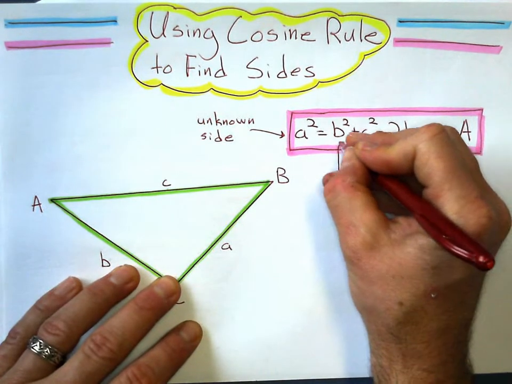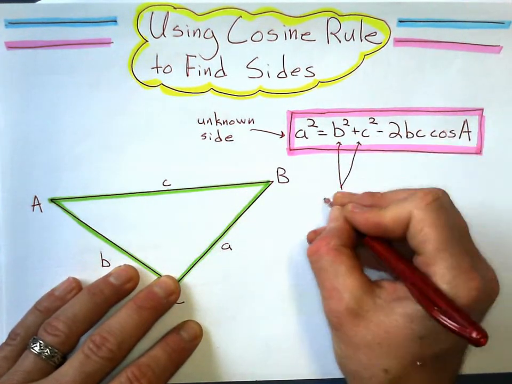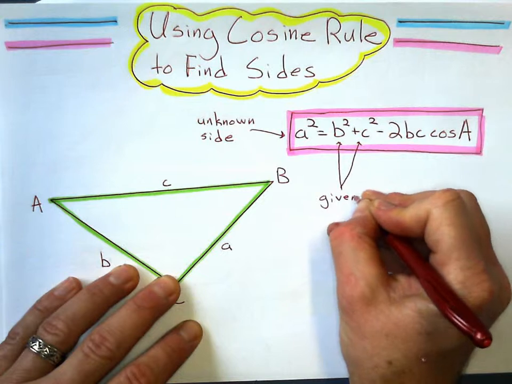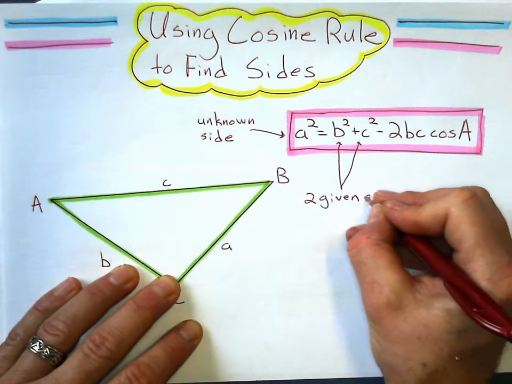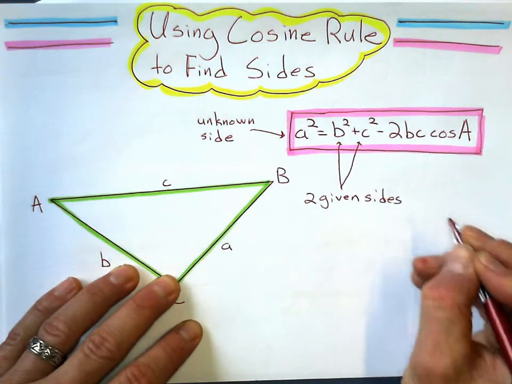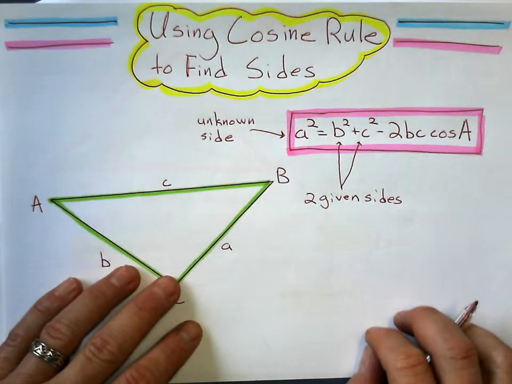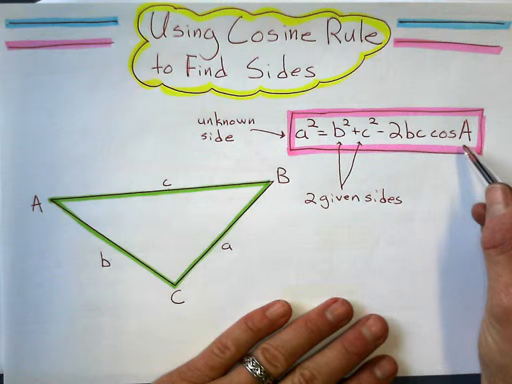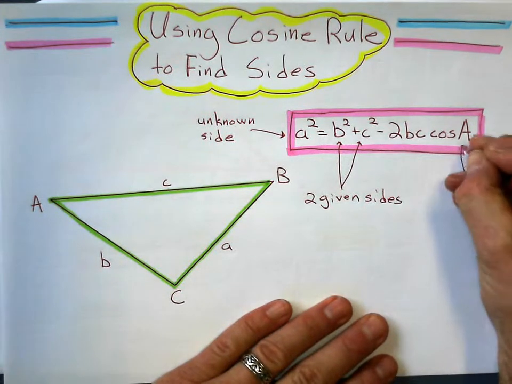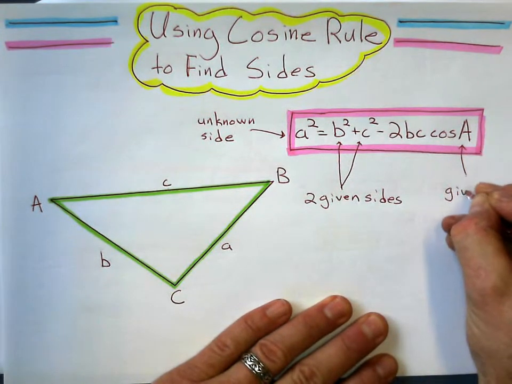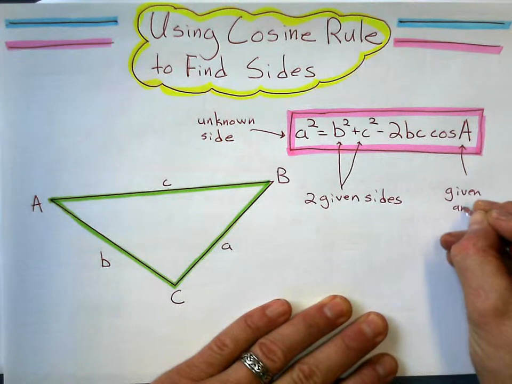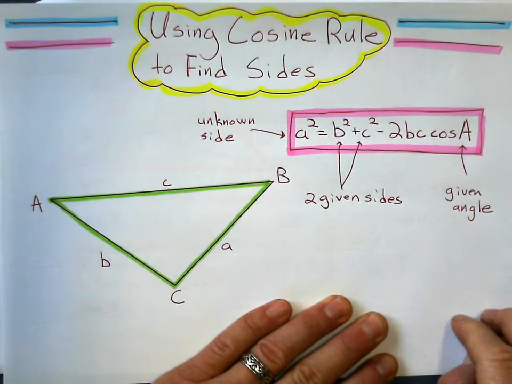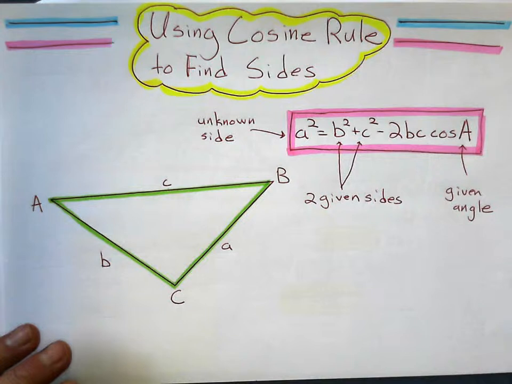B and C are the two given sides. And angle A is going to be the given angle.